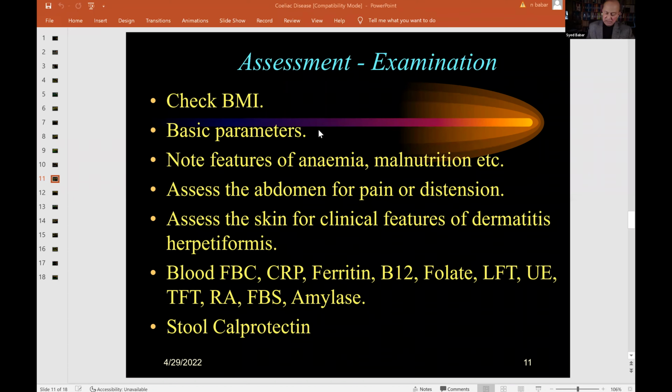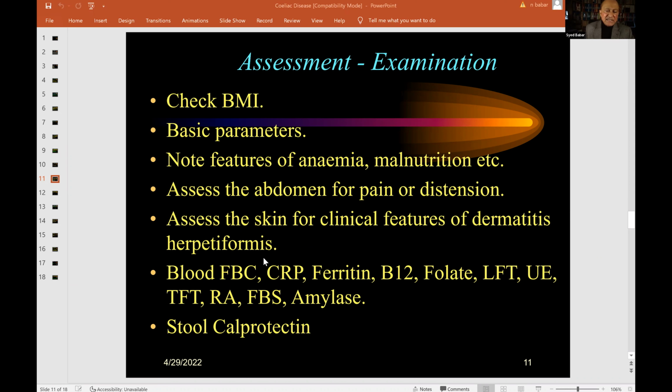In addition, basic observed features of blood pressure, pulse, respiration, heart sounds, abdominal examination, noting of splenomegaly or ascites. Obviously, there could be features of anemia. And then, of course, one would need to look for any unusual skin features such as dermatitis herpetiformis.